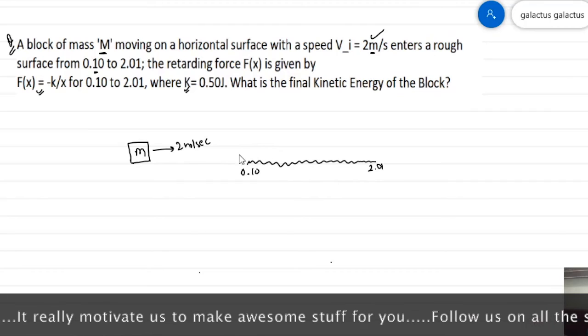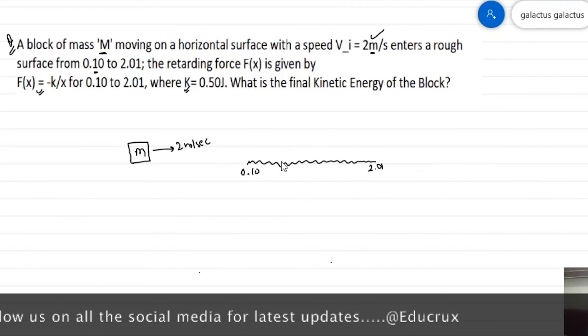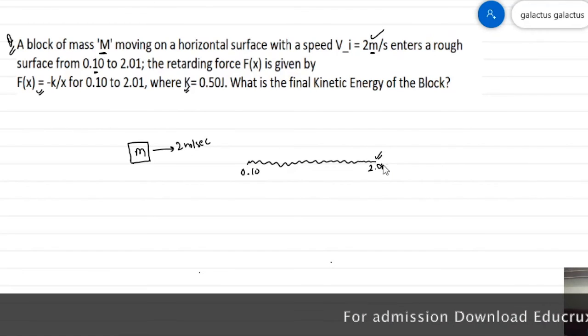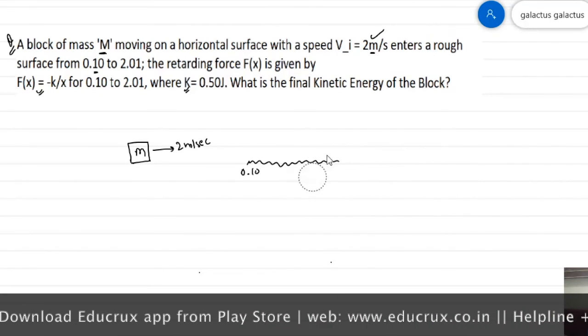Due to this bumpy road, its velocity will decrease with the distance. So we have to calculate the final velocity of the particle when it is at 2.01 meter.